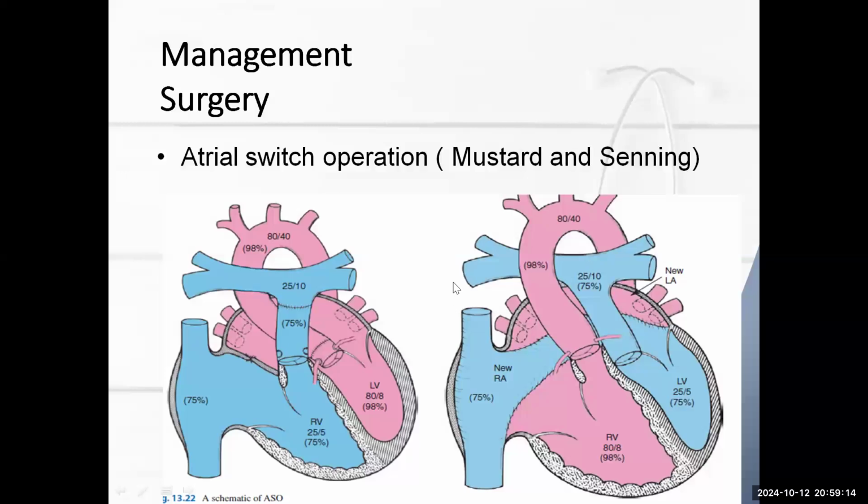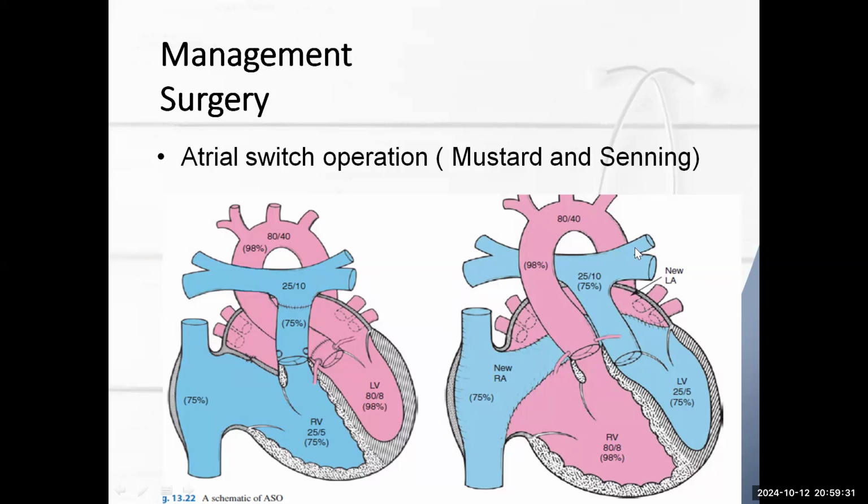Now we return to the circulation. The circulation will be like that. Desaturated blood will come through the superior and inferior vena cava, and then through this systemic venous tunnel to the LV, then to the pulmonary artery.